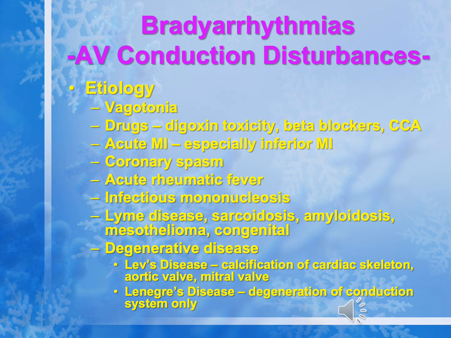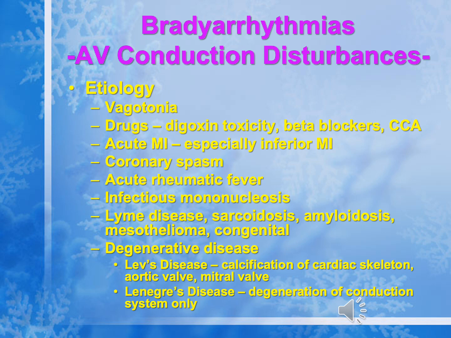This slide shows some of the causes of AV conduction disturbances. Vagal stimulation or vagotonia may be one factor, just as it is common in SA node dysfunction. Drugs such as digoxin toxicity, beta blockers, calcium channel antagonists are also causes of slow rhythms due to AV node dysfunction.